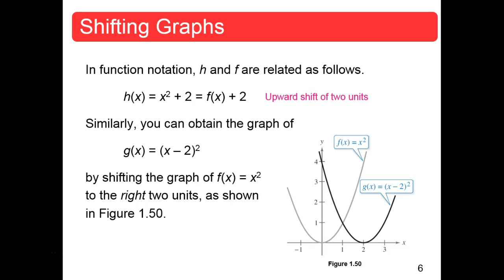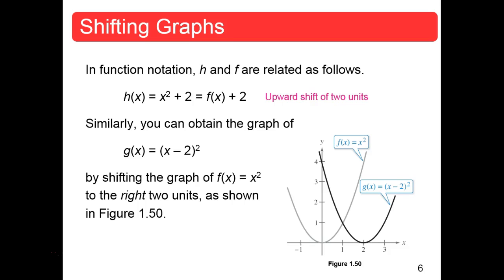Yeah, this is a horizontal shift because you're dealing with the x, which is on the horizontal axis. The y is vertical, so that's going to be a vertical shift. This is going to be a horizontal shift. But guess what, folks? You go the opposite direction you would think. If you do x minus 2, that's not to the left, that's to the right. Anything dealing with the x seems like it's backwards. So this is going to the right. And there's a reason for that. You want to catch it?